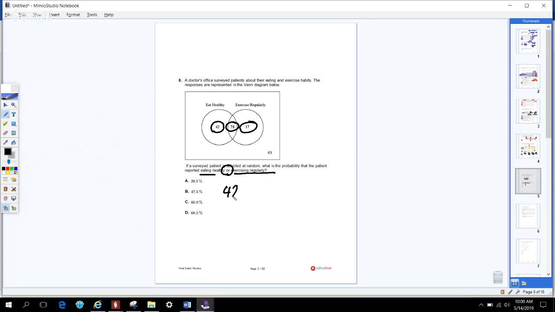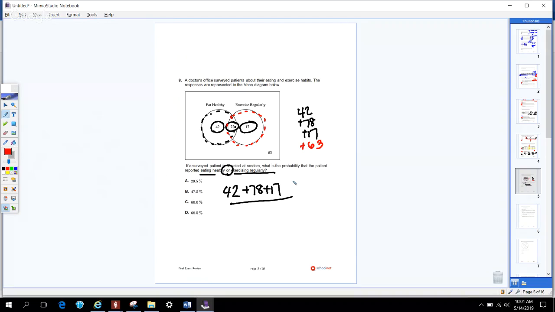So all we're going to do is 42 plus 78 plus 17, and we have to divide that by the total number of people. And we get that by adding all these numbers up. Technically speaking, the correct way would be to figure out how many total people are here, how many total people are in this category, and then subtract the overlap. But for Venn diagrams, usually it's easier just to add the appropriate numbers up.